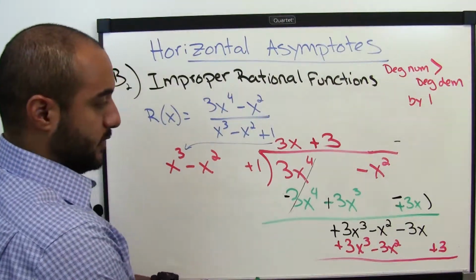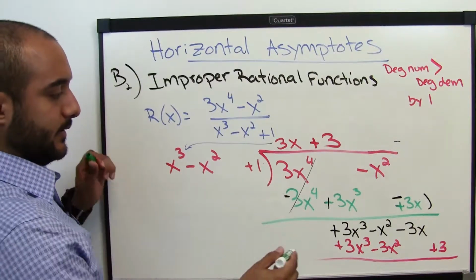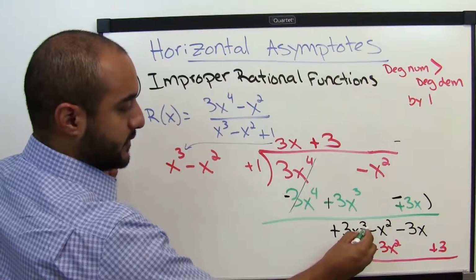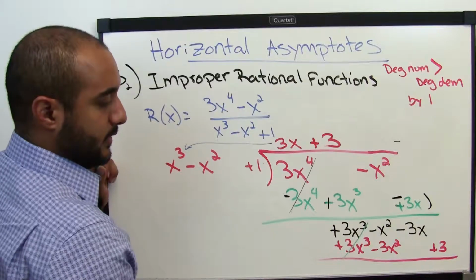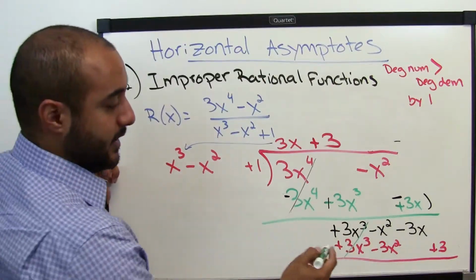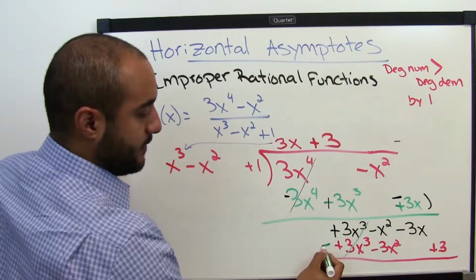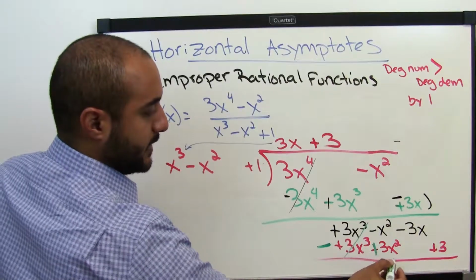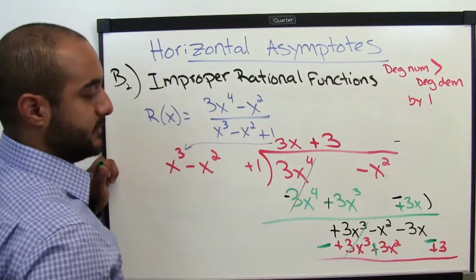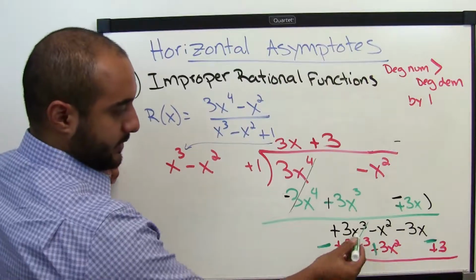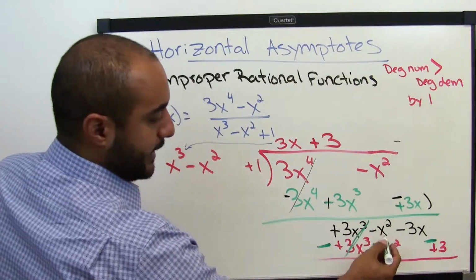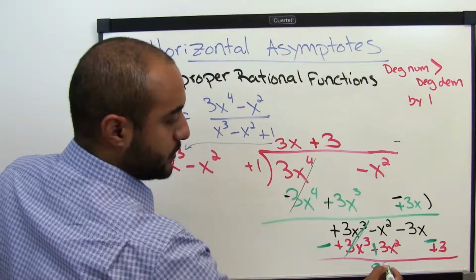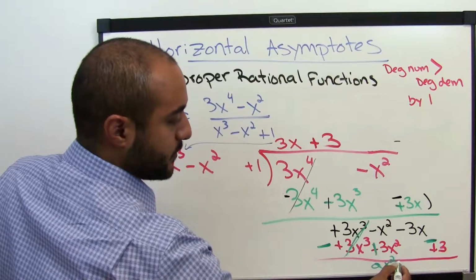Okay, so I'll simplify this one more time. So this is gone. Oh, sorry. What did I forget to do? Switch all my signs. So minus, plus, minus. Okay, now it's gone. And here I get 2x squared, right?